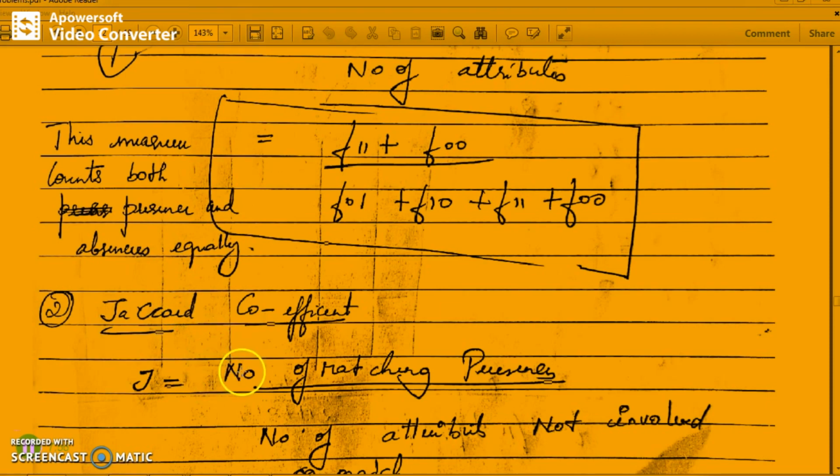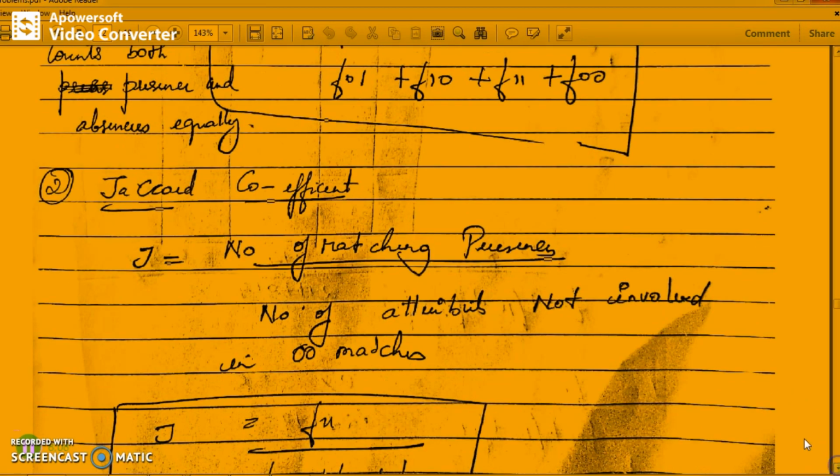Here this formula says the number of matching presences only, divided by the number of attributes. But remember, in this denominator we do not consider the dissimilar values, that is 0 matches. Both in the numerator as well as in the denominator, we do not consider this absence or 0 value.